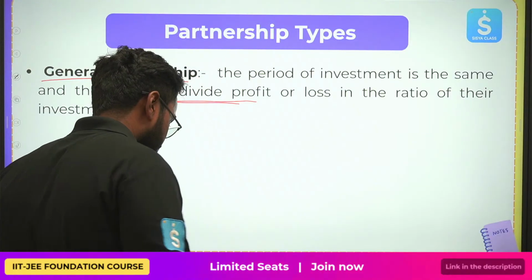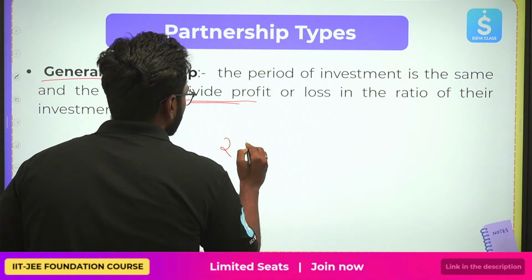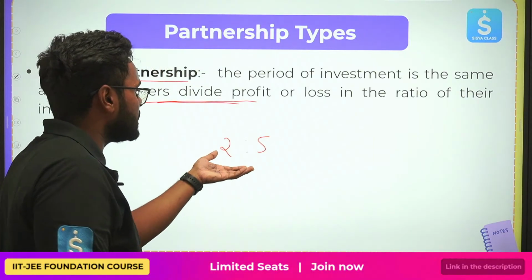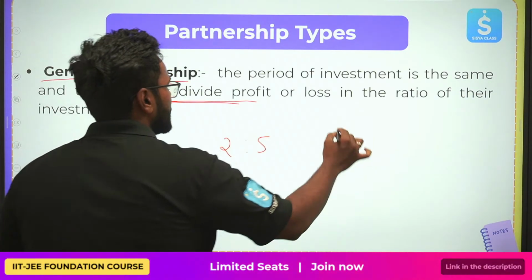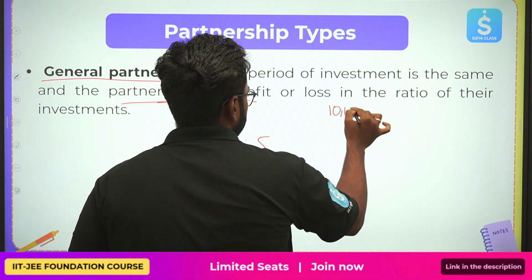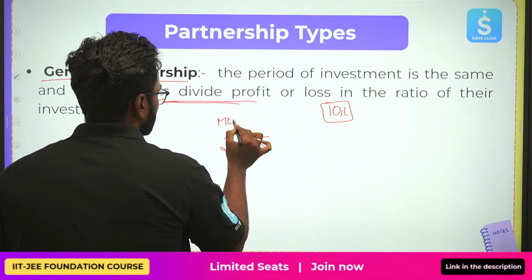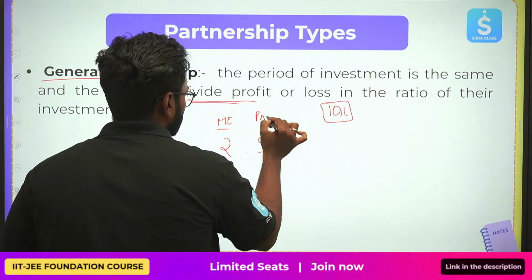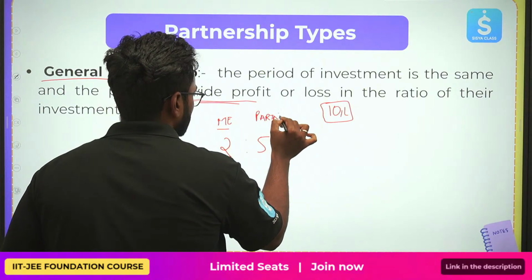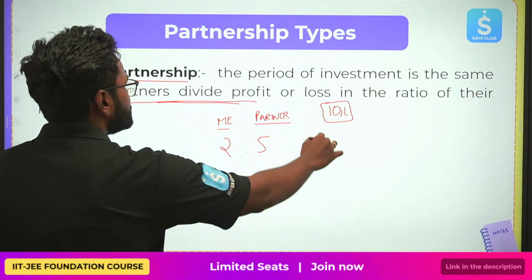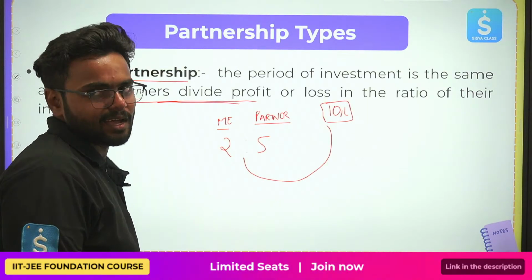Let us assume I am putting in the ratio 2:5, where the total would be 10 lakh rupees. This is me, and this is my partner. We are putting 10 lakhs in the ratio 2:5, right?